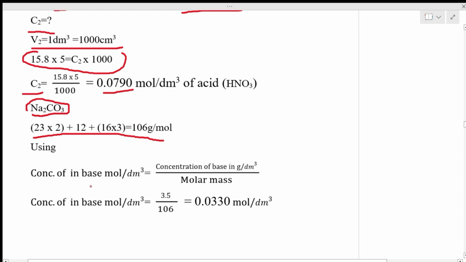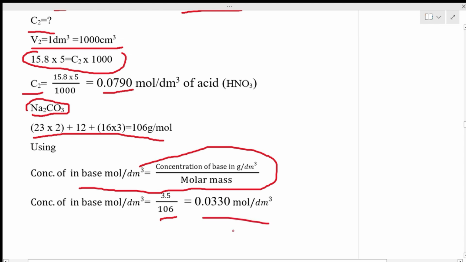So let's use this formula to get the mole per dm3 of the base: 3.5 divided by 106, then we have 0.0330 mole per dm3. This is of what? Of E. So we can call this CE, and we can call this CD.